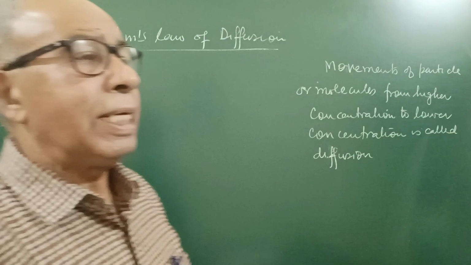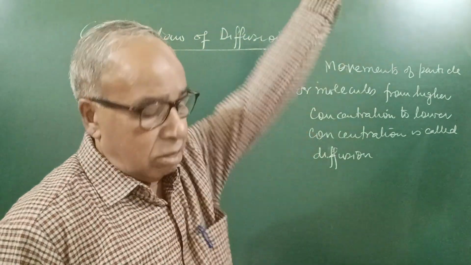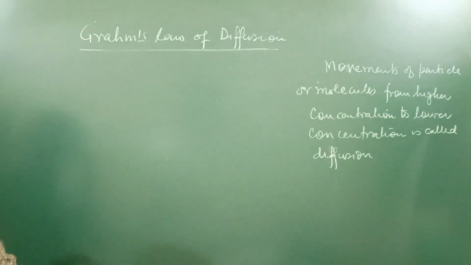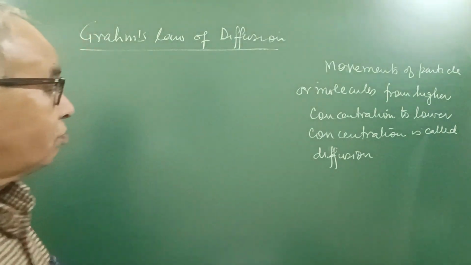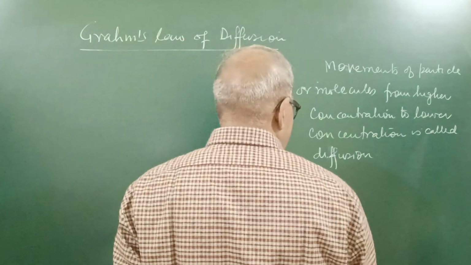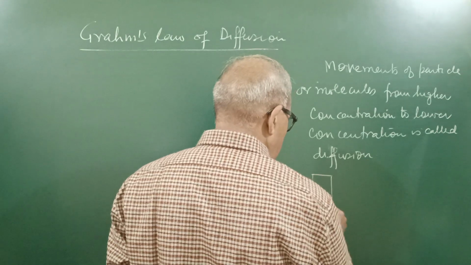One type of particle is bigger in number than the other. Then particles often move from higher concentration to lower concentration. There is one example here. We have two jars.